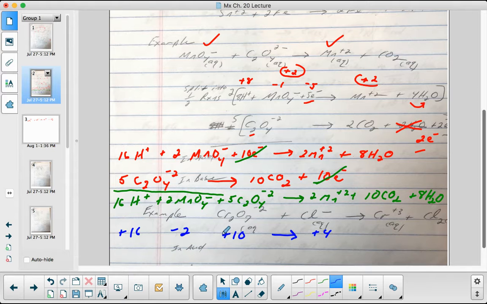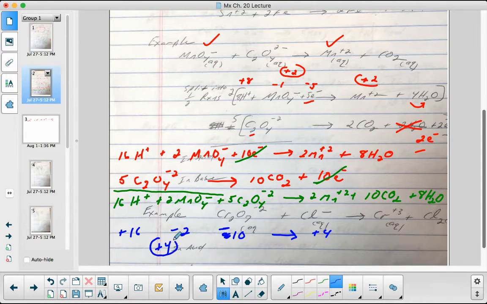Sorry, I have a negative 10 here. 5 times negative 2, I quickly looked and said that math's not going to work. So 5 times negative 2 is negative 10. So I have negative 12 here, negative 2 and negative 10, and a plus 16, which equals a plus 4.